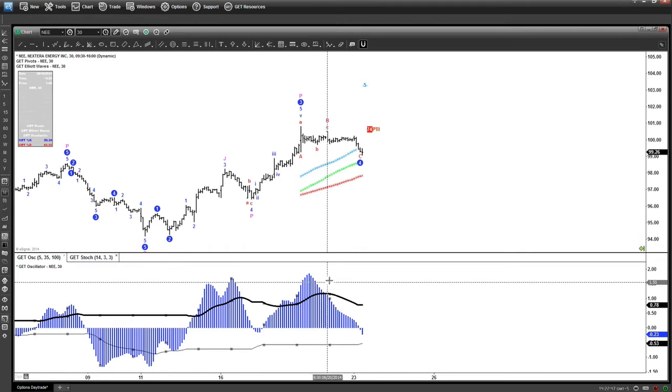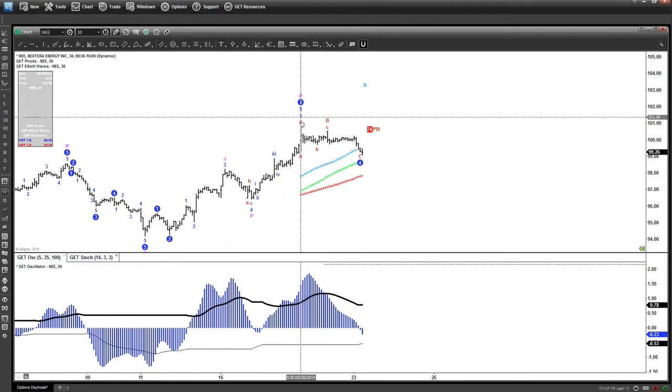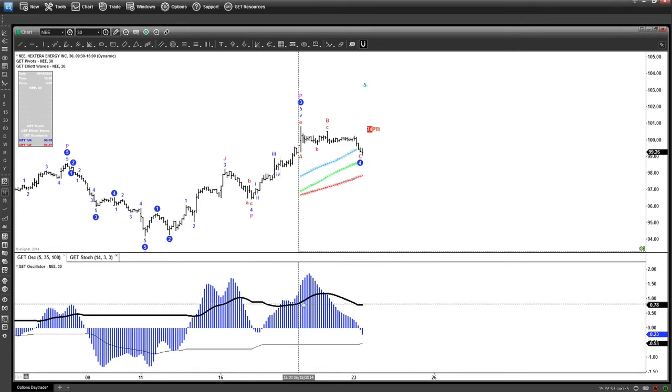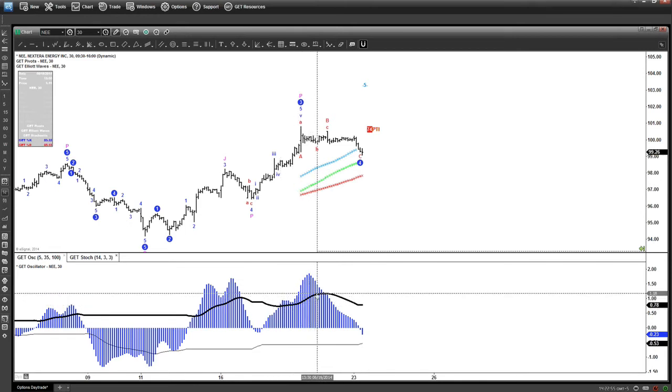So if I see the oscillator like right here, here's my wave 3. During the wave 3, if this oscillator breaks that upper band, that confirms that I have strong behavior. Now, a strong oscillator is not solely a wave 3. Okay? Just because the oscillator is strong doesn't mean it's a wave 3.